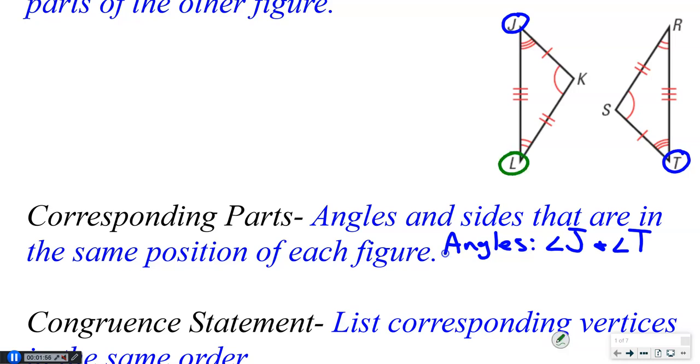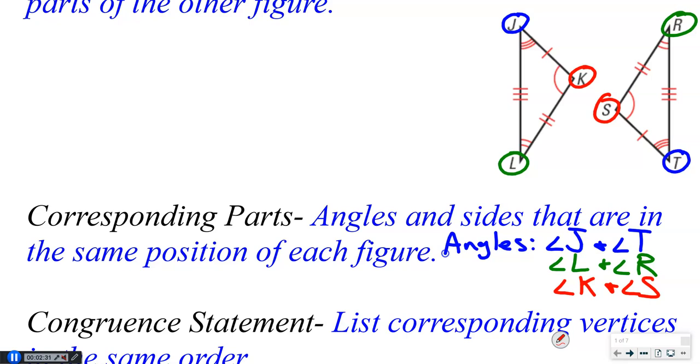We also say L corresponds with R. They both have 2 little arc marks. And K and S correspond with one another. So J and T, L and R, K and S. Those would be your angles that correspond.